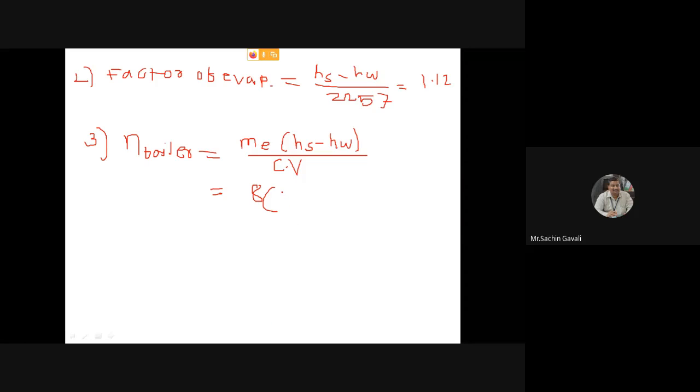So 8 into HS. What is the value of HS? Who will tell? Okay, 2689 minus 163. I had given the calorific value on my own, therefore efficiency is coming too large.